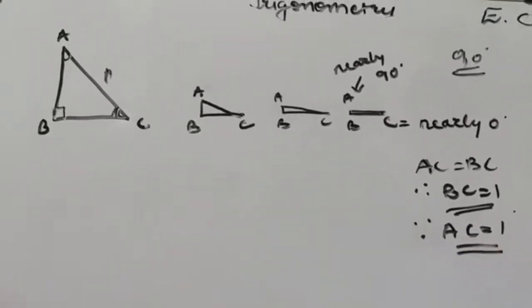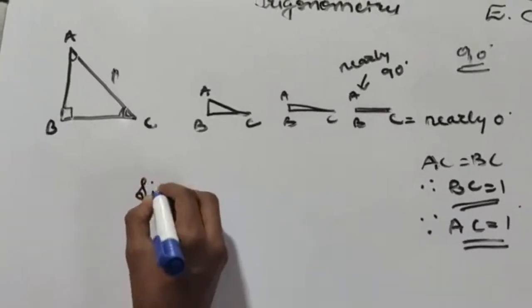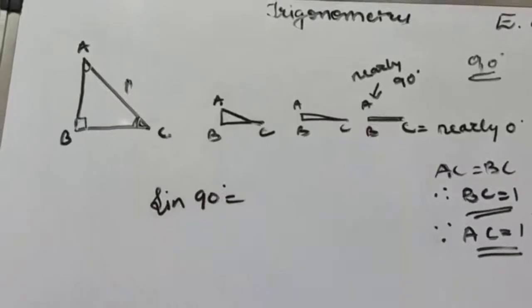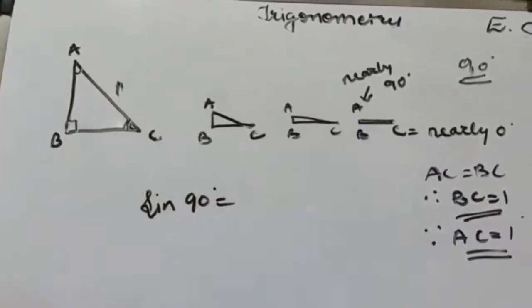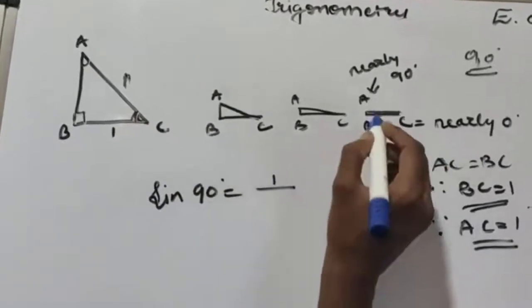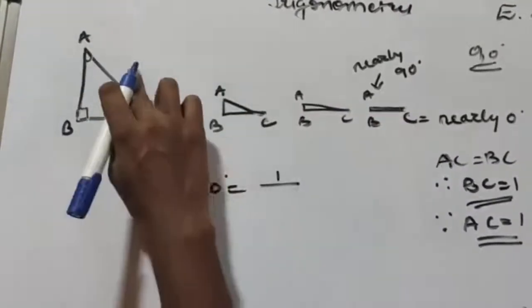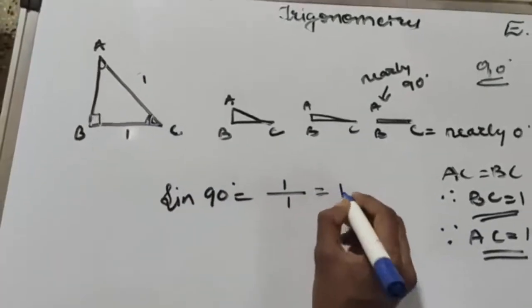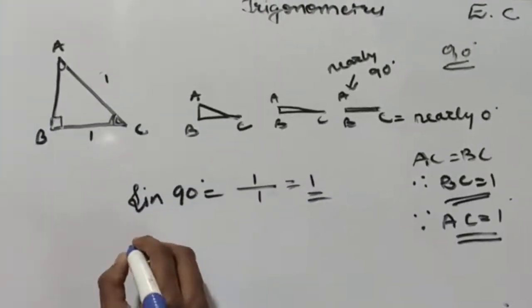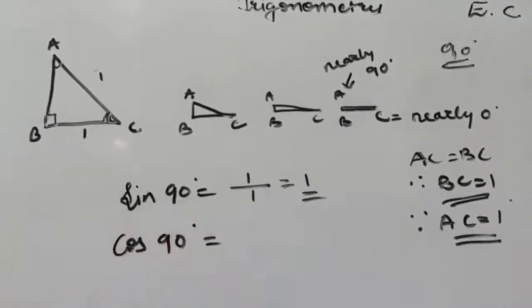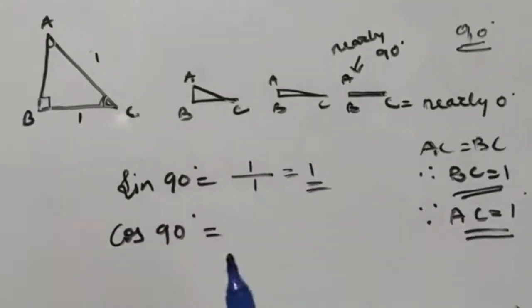Fine. So for sine 90 degree, we are talking about angle A. The opposite side will be side BC, which is having length 1, and hypotenuse is side AC, which is having measure 1. So it will be 1 by 1 equal to 1. Similarly, for cos 90 degree, it will be adjacent side upon hypotenuse.